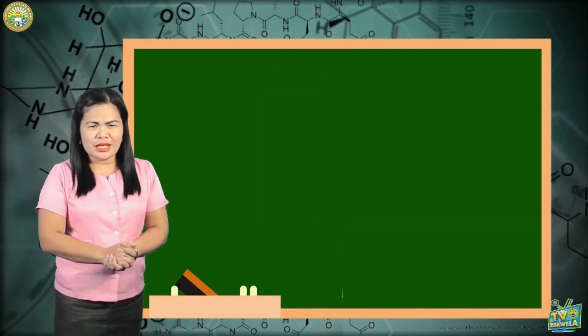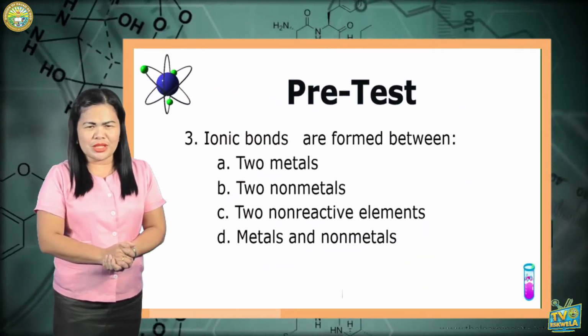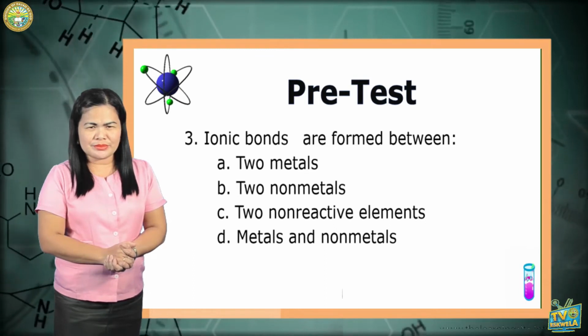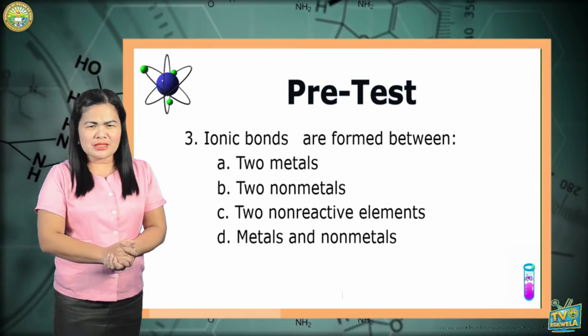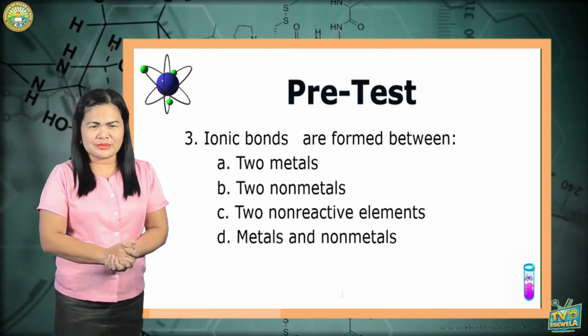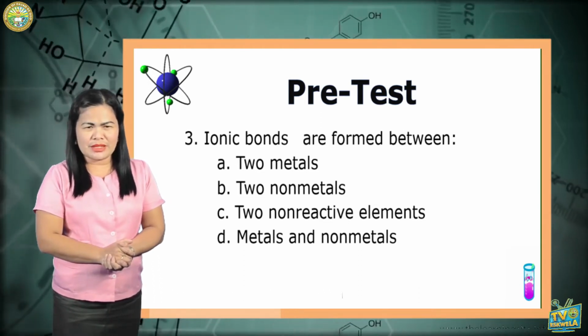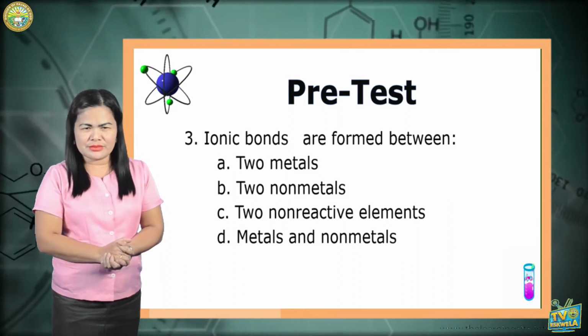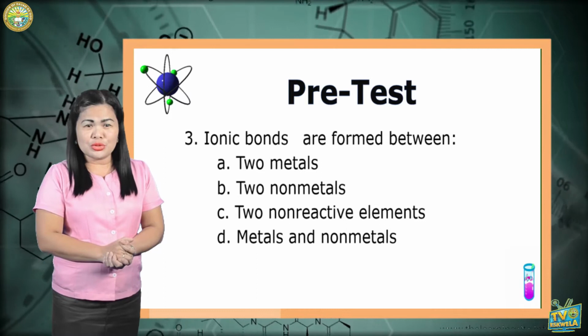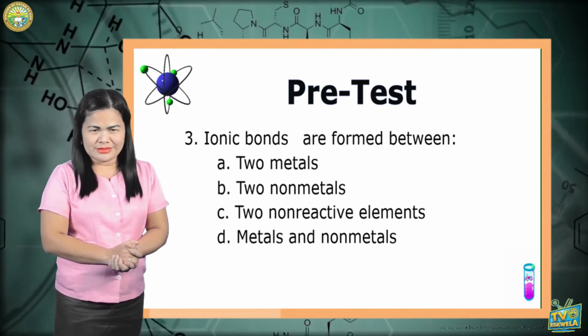Number 3. Ionic bonds are formed between A. 2 metals. B. 2 non-metals.